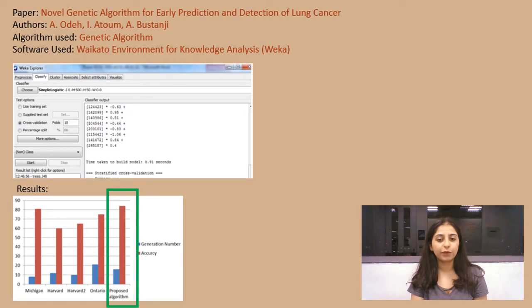Waikato Environment for Knowledge Analysis, or the so-called WEKA software, was used for this study. GA was fed with initial population from this data, followed by calculation of fitness function, selection, crossover, and mutation of genes. An accuracy of 84% was reached, which was higher than the previous algorithm's 81% accuracy.